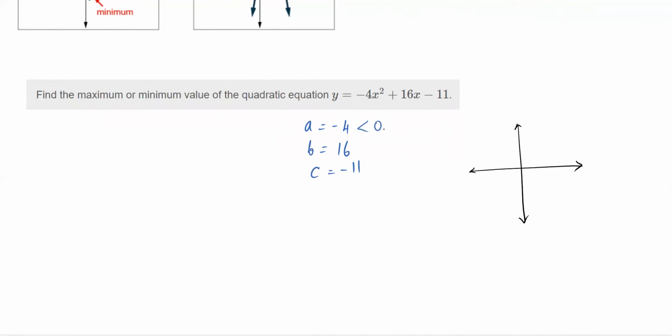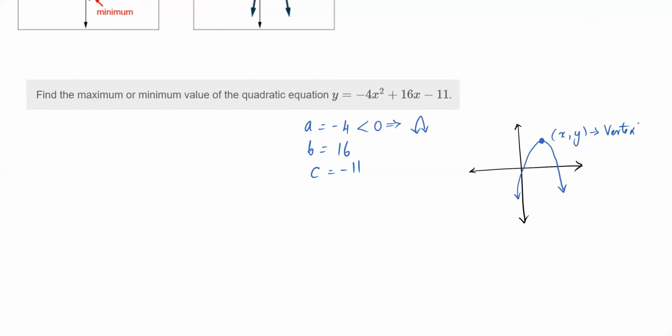A is negative, which implies the parabola is going to open downwards, right? And so, again, I'm going to sketch this here, but if it works differently, I will change it. I know it's going to open downwards, just randomly drawing it somewhere here. That will be my vertex. Look at the figure. The vertex is the maximum point or the minimum point.